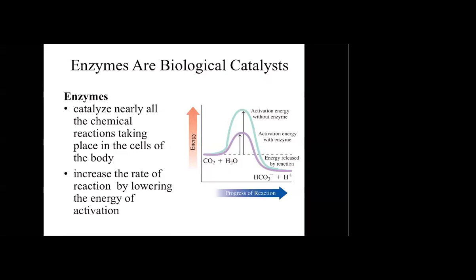So here we have the following example. In the body, as we discussed in chapter 10, we have the ability to convert CO2 and water to carbonic acid. If you remember, this is how the blood buffer system is created, okay?